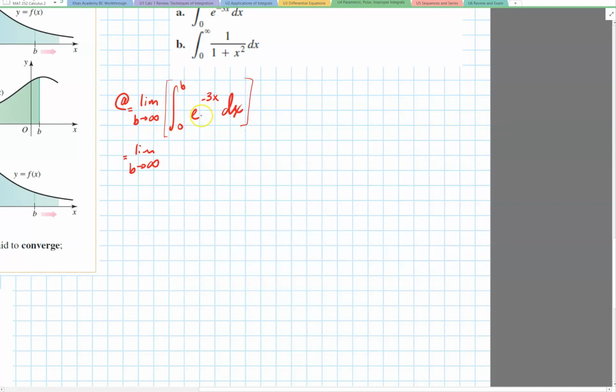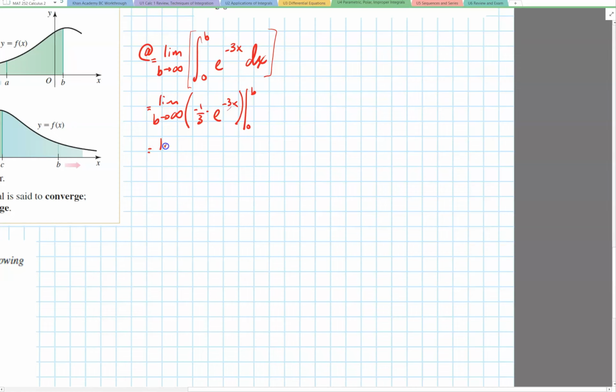Now, this integral is going to require the antiderivative of e to the negative 3x. Well, that's e to the negative 3x times negative 1/3. Okay, so this k value against our variable up here is going to come down out front when we find the antiderivative. And we need to evaluate this antiderivative between 0 and b.